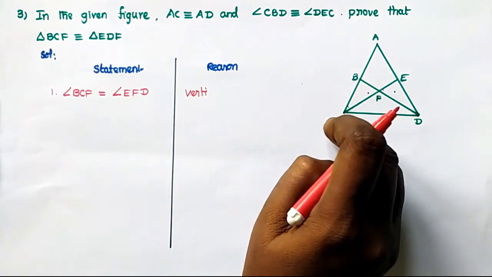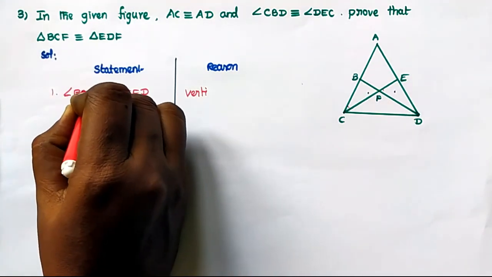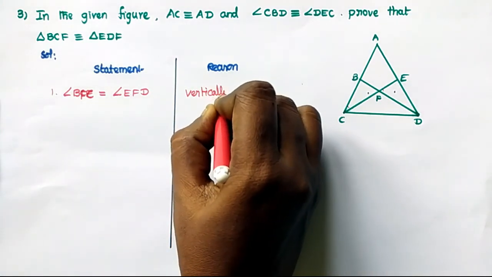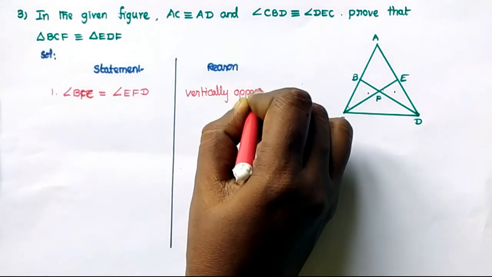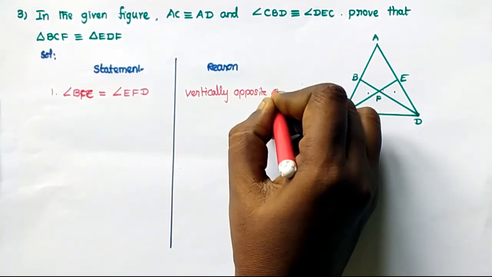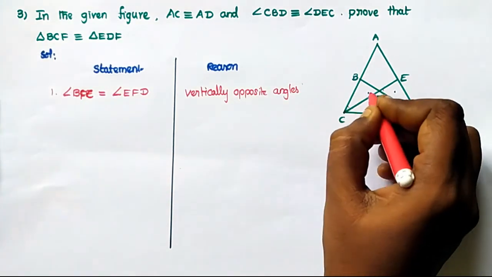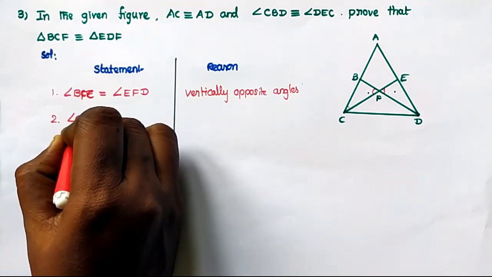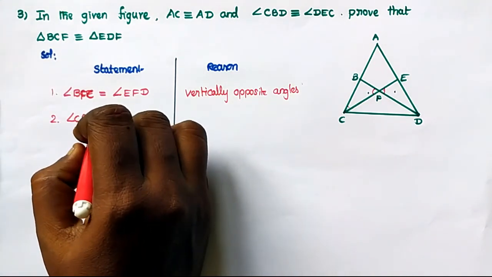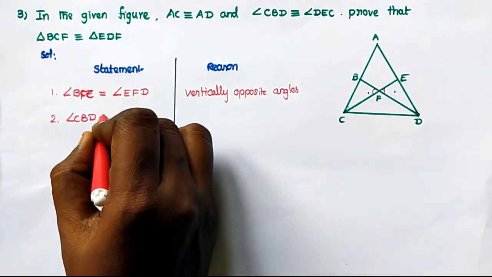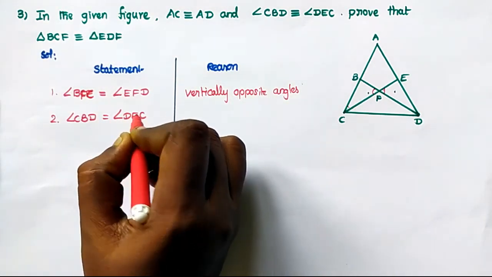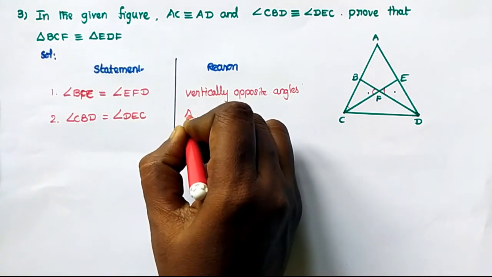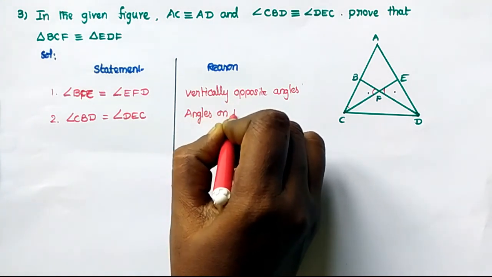These two angles are equal. Then angle CBD is equal to angle DEC. That is angles on the same base.